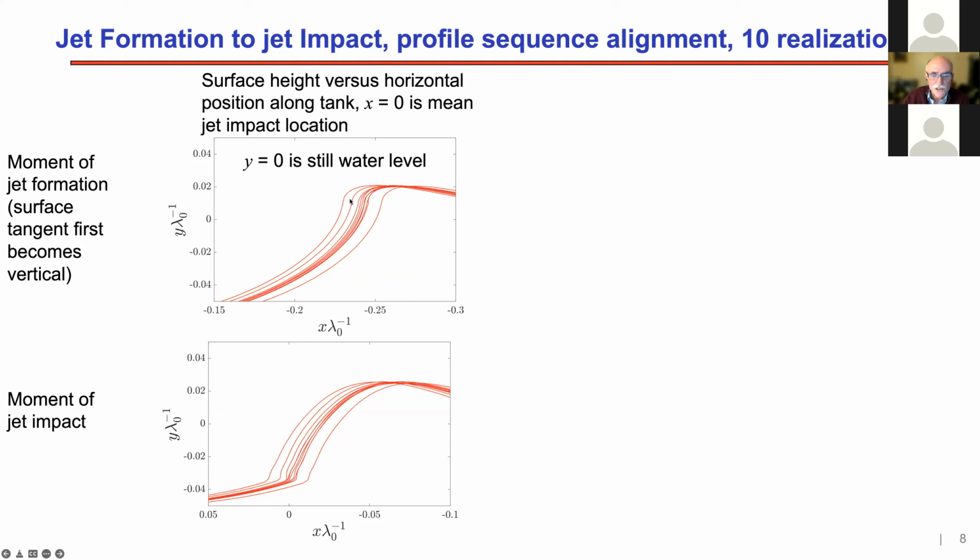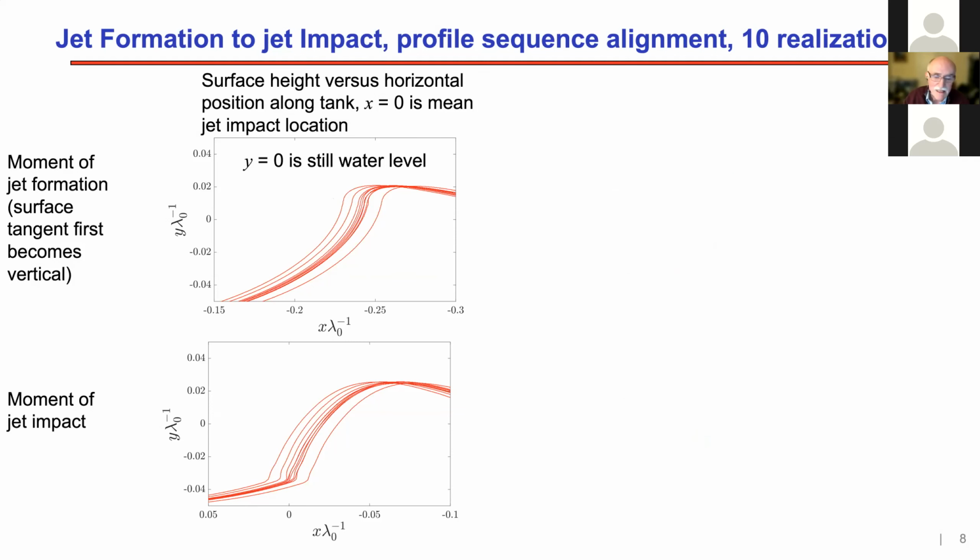That's the first time that there's a point on the front face of the wave where the tangent to the surface is vertical. A few images later, you'll be able to discern the jet coming out of the crest of the wave. The second one is at a later time, and this is the point when the jet impacts the water surface.